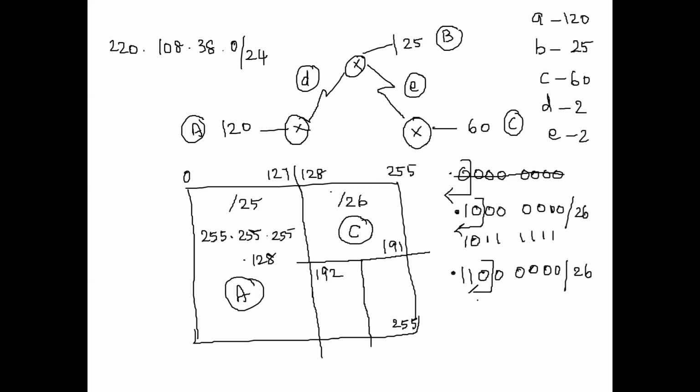Borrow one more bit. In this IP you borrow one more bit, so this becomes /27. By borrowing one bit, this block I wish to give to B. This entire block I have given to B, which is up to 223, and this is 224.